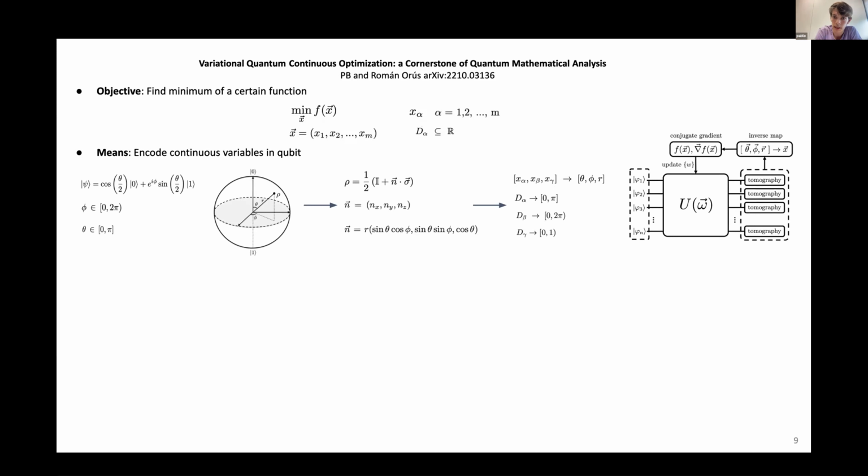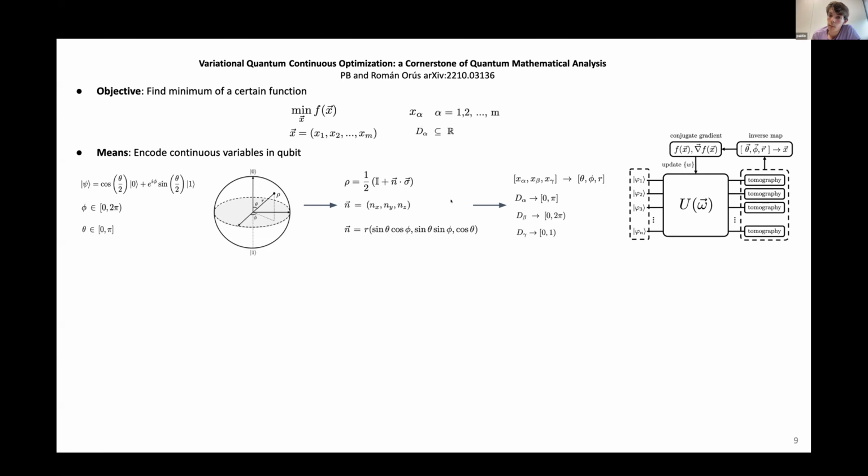This reduced density matrix will basically be given by three variables, which define your quantum state in a Bloch sphere: the radius, theta, psi or phi, or whatever you use.